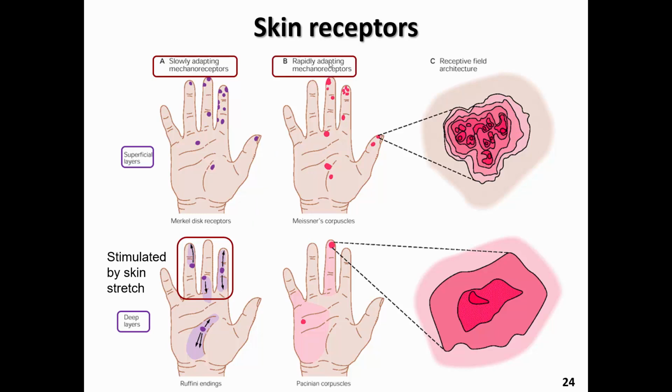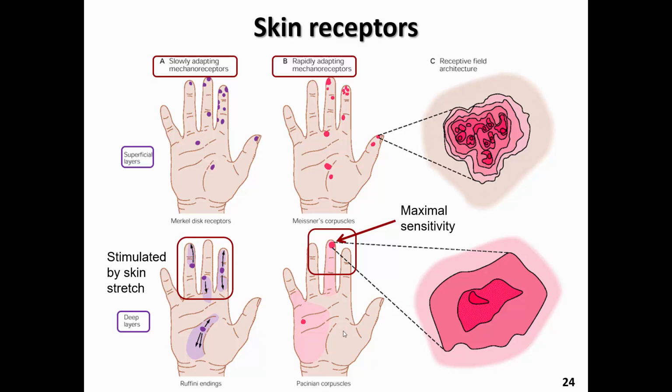In terms of the fast adapting or rapidly adapting mechanoreceptors in the surface layer, the Meissner's corpuscles are the sensory neurons that have been found to cease discharge even with a sustained application.